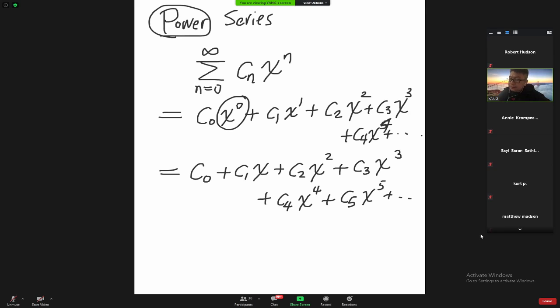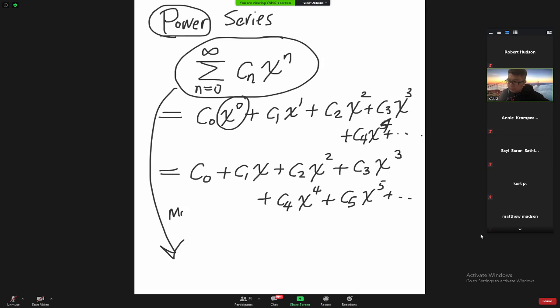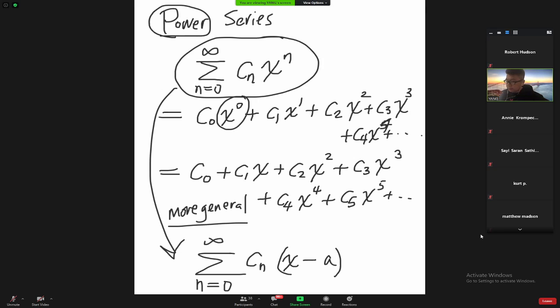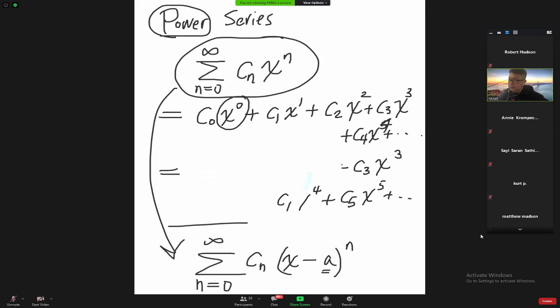Okay, so sometimes to make it more general, not every term should be x to the n. So another form of power series is going to be this, Cn times (x minus a) to the n. If you write everything up, you can do the same thing.